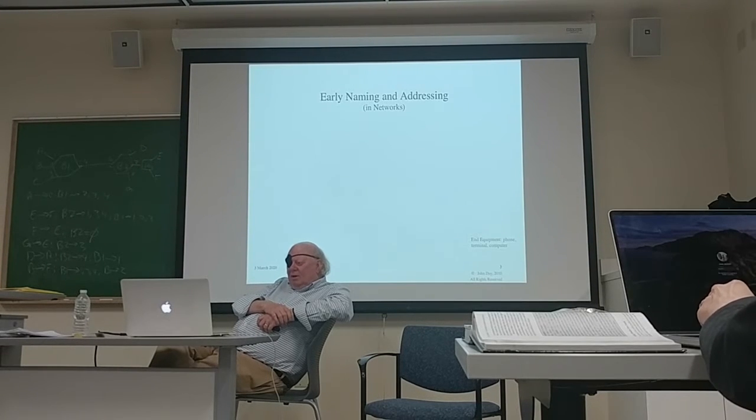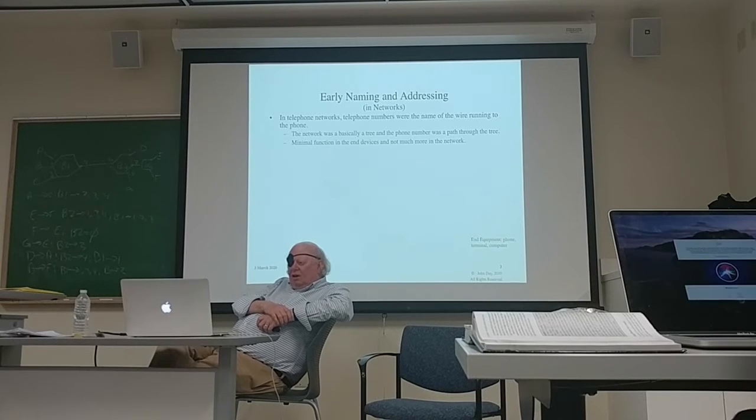Now, early naming and addressing in networks: in the telephone networks, telephone numbers were the name of the wire that came to your phone. And I talked about that early on. The network was basically a tree, and the phone number was a path through the tree.